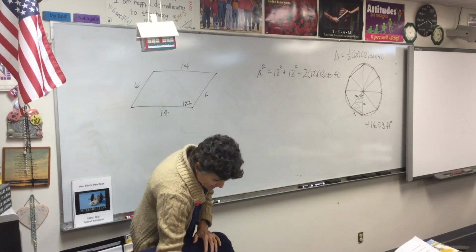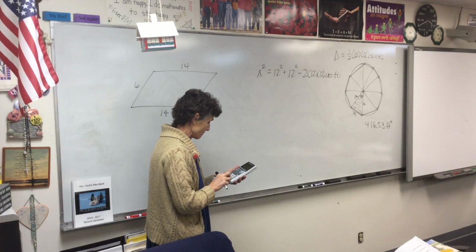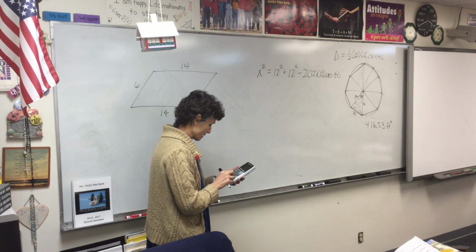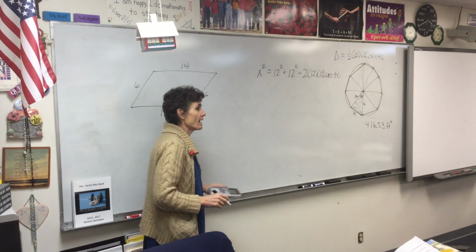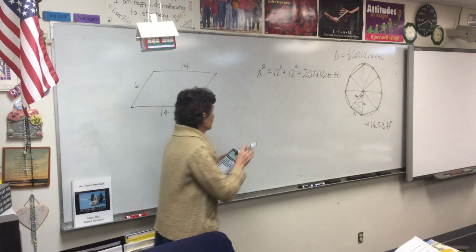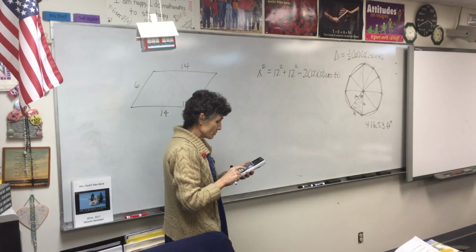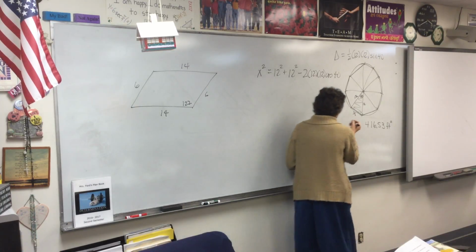You don't have to do any messing around at all. You can just type it right in. The only caution I have is, don't forget when you get it all typed in, that's x squared. So you still need to square root it. I got 8.21.